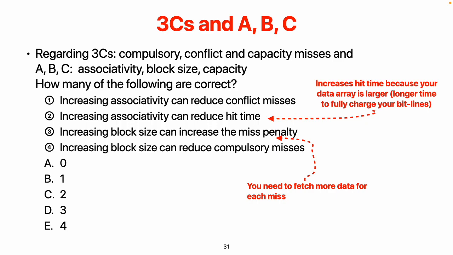So it will increase the miss penalty. The penalty means every time there is a miss, how much time I need to service this miss. Increasing the block size means that every time there is a miss, I have to fetch more data. Increasing the block size can reduce the compulsory misses. Do you guys all agree with that?